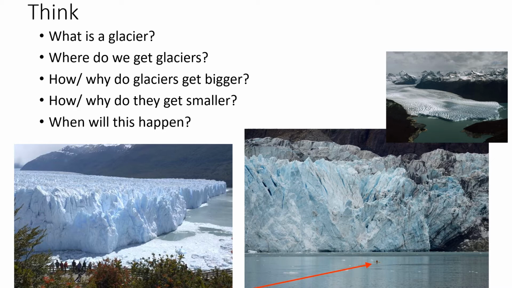Now that guy in the kayak is being a little bit dangerous, because what you often get on the end of glaciers is what we call calving, where chunks of ice just fall off into the water below. That would cause a small tsunami that could cause him to topple over or be quite dangerous. So it'd be wise not to get too close to that glacier snout, the end of the glacier.